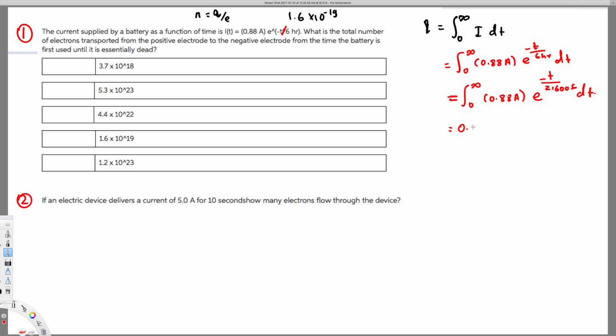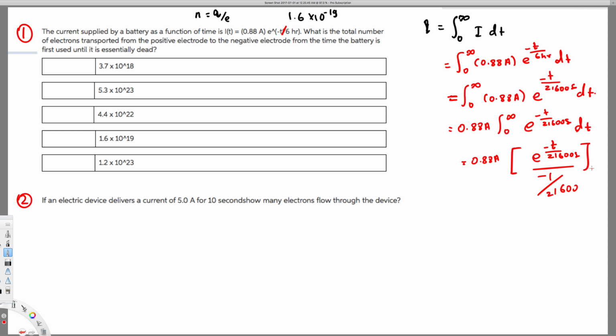The integral of e to the power of negative t over 21,600 seconds is e to the power of negative t over 21,600 seconds, divided by negative 1 over 21,600, going from 0 to infinity.